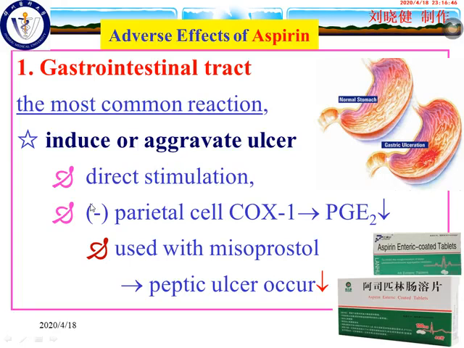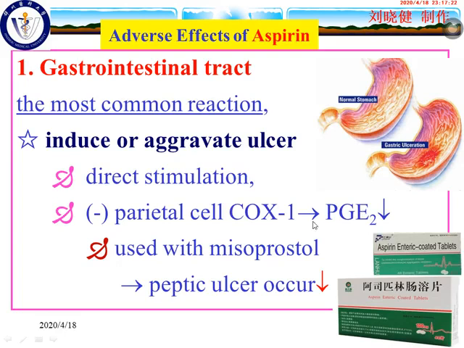Another reason is the inhibition of COX-1 in the mucosa of the stomach. Aspirin's mechanism of action is to inhibit the synthesis of prostaglandins in different sites. In the mucosa of the stomach, this prostaglandin is PGE2. This substance has a protective significance for the gastric mucosa.